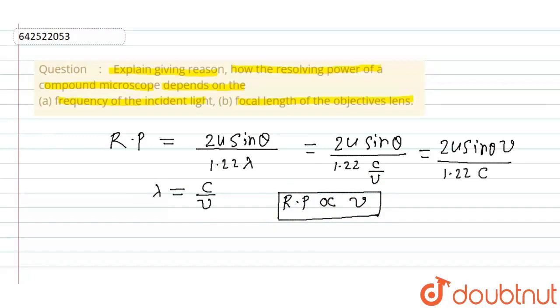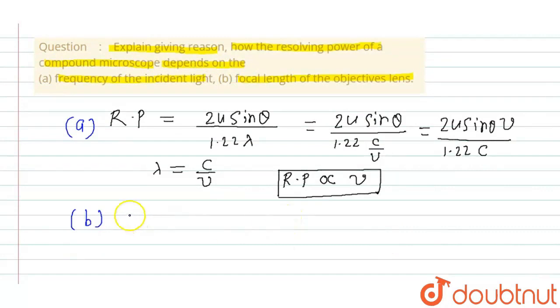Now coming to question number B, focal length of objective lens. This one was A. Now coming to B. Resolving power is also given by the formula D upon 1.22 f times λ, where f is the focal length of objective lens.